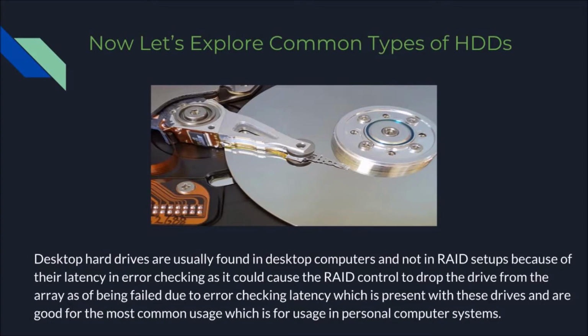Hard drives, the desktop models, are usually found in desktop systems and not in RAID setups because of their latency and error checking, as it could cause the RAID controller to drop the drive from the array as failed due to the error checking latency present with these drives, and they are good for the most common usage, which is being placed within computer systems such as PCs, Macs, Linux systems, etc.